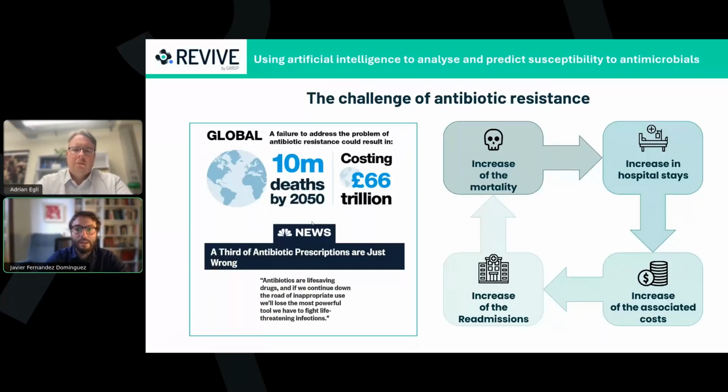It increases hospital stays, increases the associated healthcare costs of the patients, and also increases readmissions of patients to the hospitals. So this figure of 30% of mistakes is something that has been published in several works. We can see hundreds or thousands of works in which they say that a third of antibiotic prescriptions are wrong.